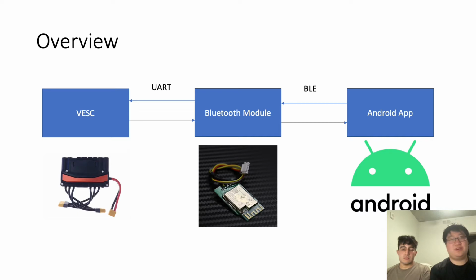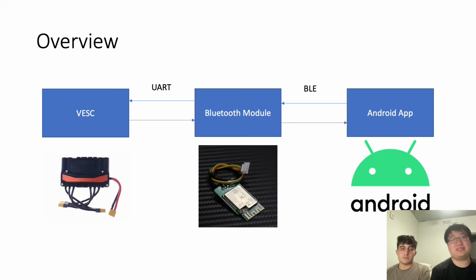An overview of our pipeline is that we have three components in our project. First is the Vesc itself, which has a UART port that allows it to connect to peripherals like a Bluetooth module, which in our case is an intermediate device that takes the UART signals and converts them to a Bluetooth Low Energy signal.